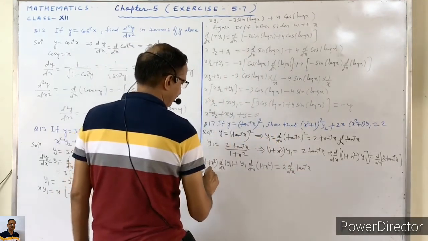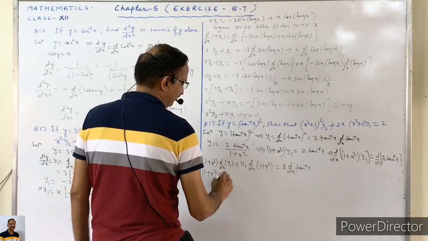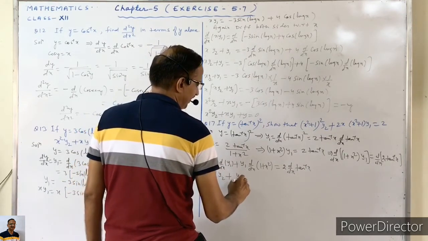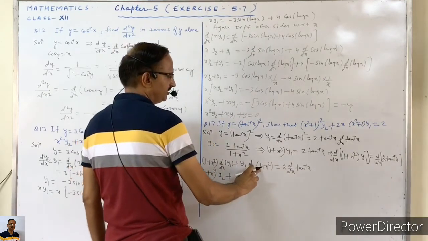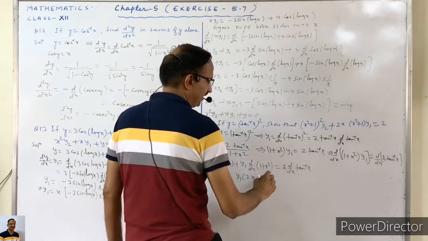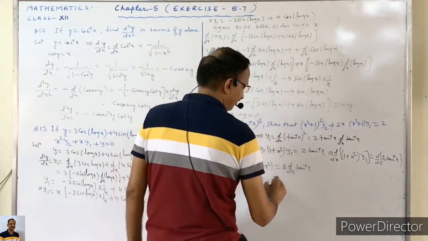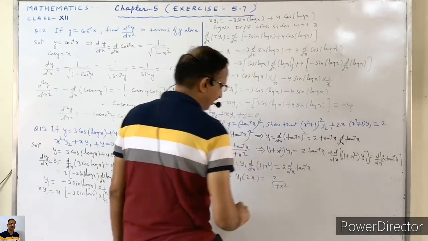So this becomes (1 plus x square), derivative of y1 is y2. Now y1 is as it is. Derivative of 1 is 0 and the derivative of x square is 2x. On the right hand side this is 2 and the differentiation of tan inverse x is 1 upon 1 plus x square.